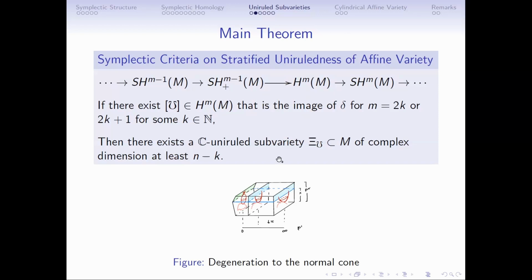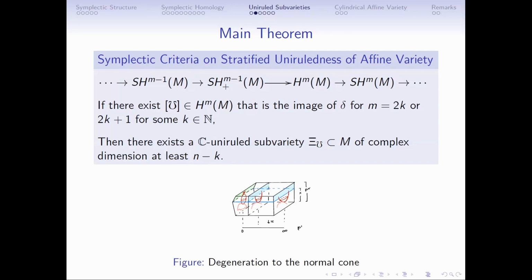Then we show there is a non-constant solution of a perturbed Cauchy-Riemann equation, and then there is a uniruled subvariety of the given affine variety of complex dimension at least n minus k.